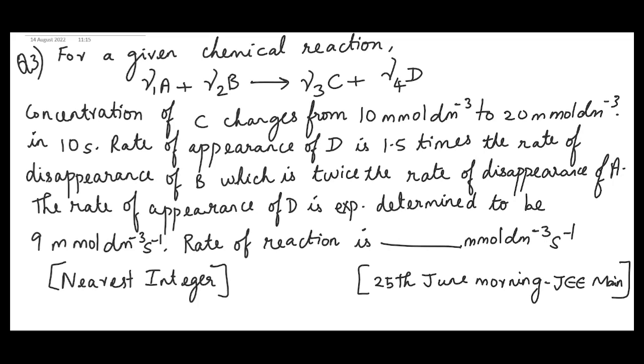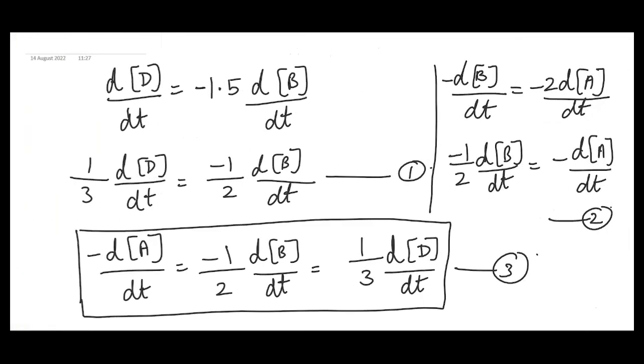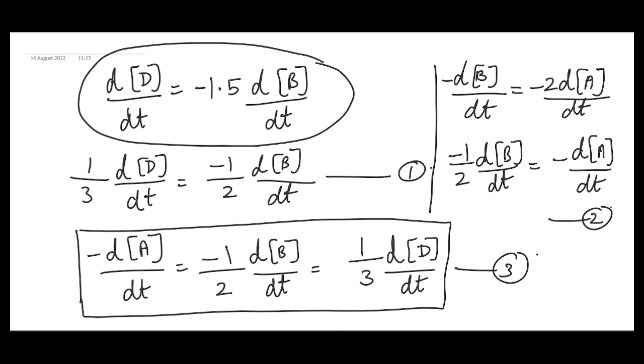Now they are asking the rate of the reaction. This is a good question because this involves a lot of manipulations. Now, writing the given data from the question, they have given that the rate of appearance of D is 1.5 times the rate of disappearance of B. So that is why I have written it here.